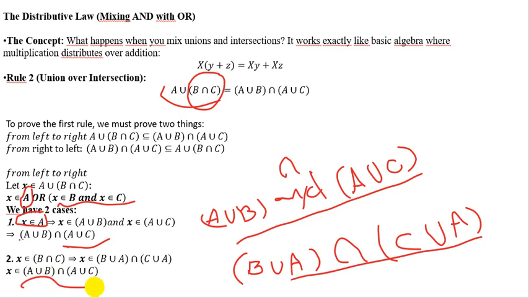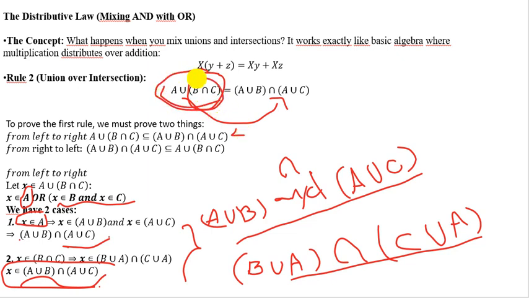So we get this in both cases. If X is in A or in B inter C, we get this. So our X is in A union B inter A union C, which is proving this. That's the first case from left to the right. So any X that belongs to this, it must belong to this.